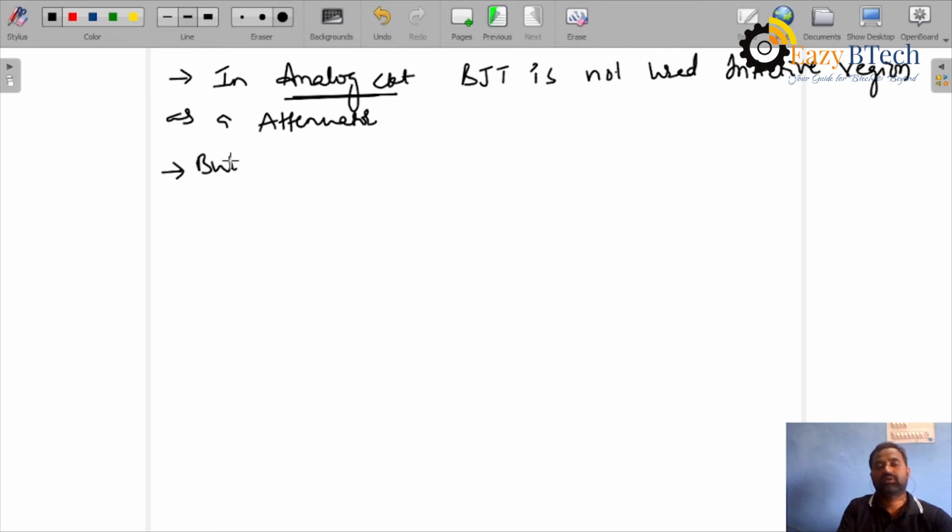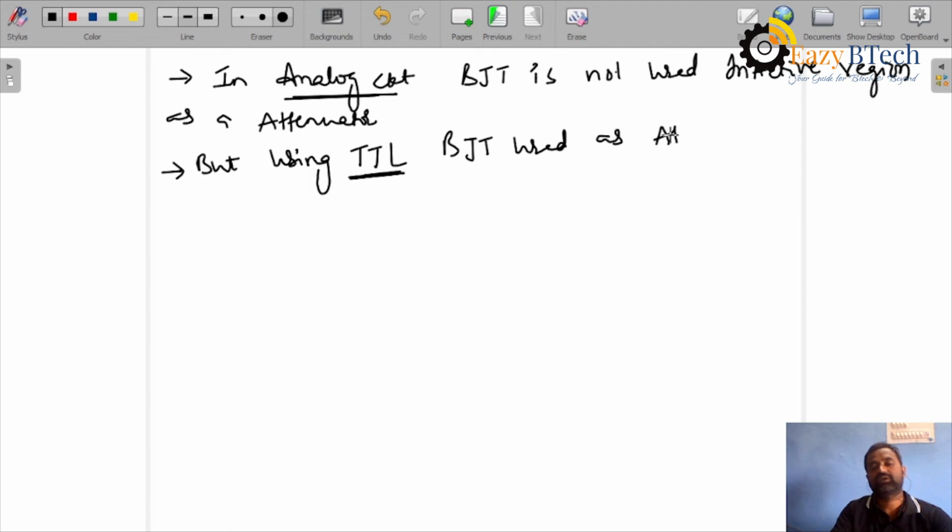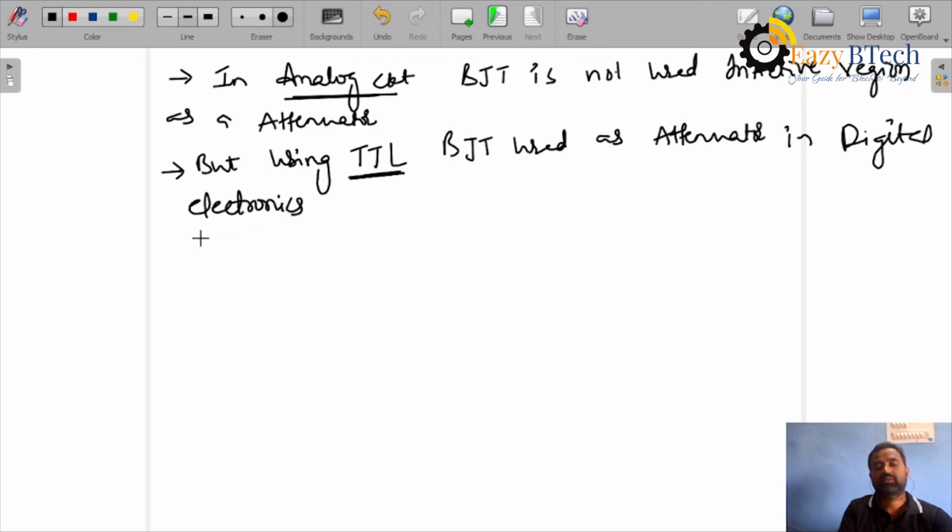But using TTL mode, transistor logic. What is in TTL? BJT used as attenuator in digital circuits, in digital electronics. In analog it is not in use, but in digital it may be used. Okay.